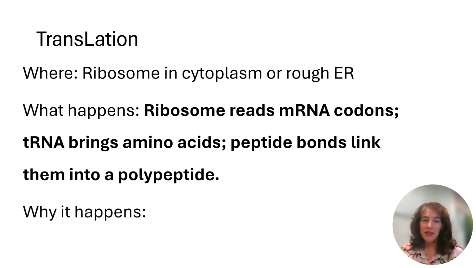Every codon then is coding for a specific amino acid, and transfer RNA brings that amino acid to the ribosome. And once you have your amino acids and they start getting stacked, they need to be bonded together, and they're bonded by peptide bonds. And when you have a whole series of them, you form a polypeptide.